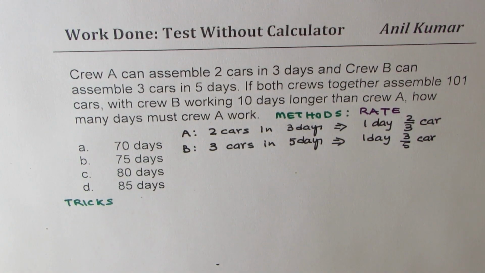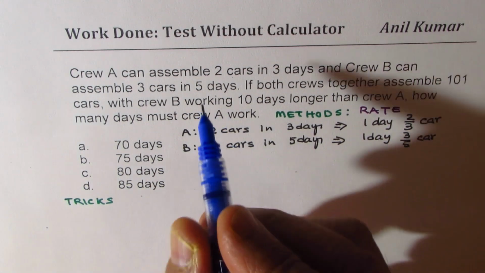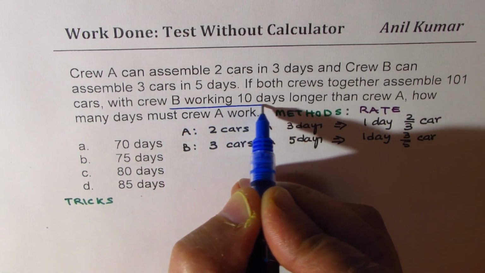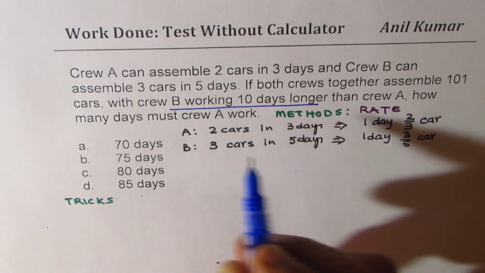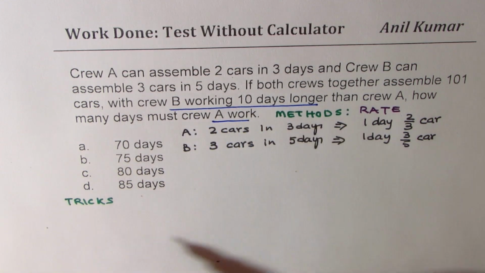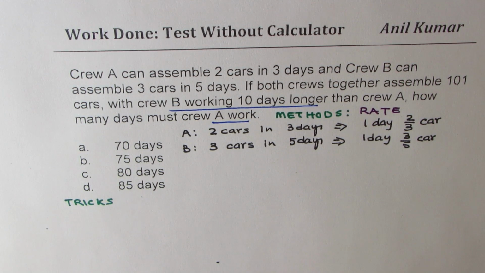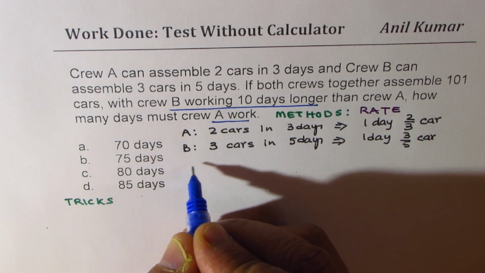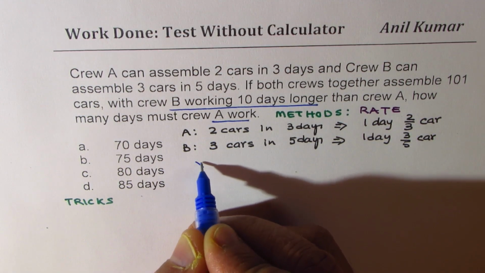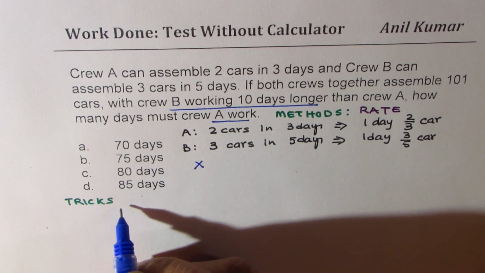Now since we are given that B works 10 days longer, and we need to find how many days A works, let us say that the work done for A is X days, right?